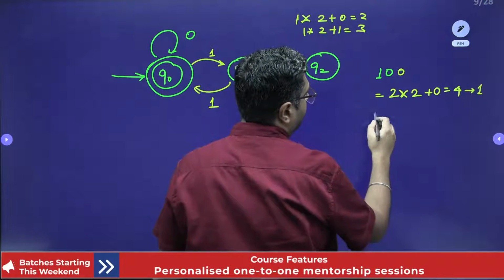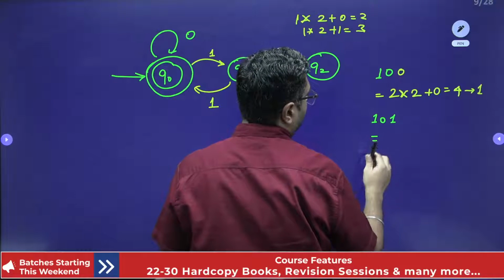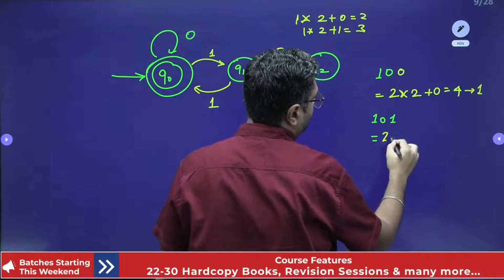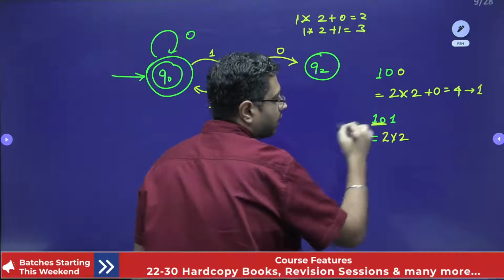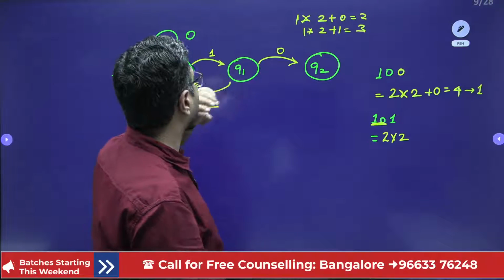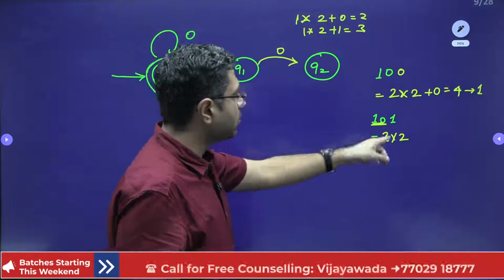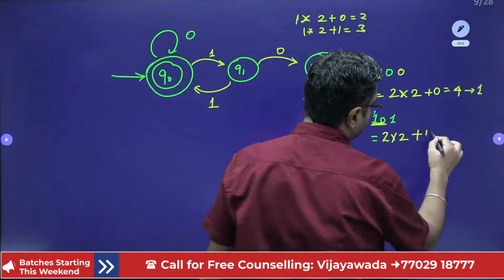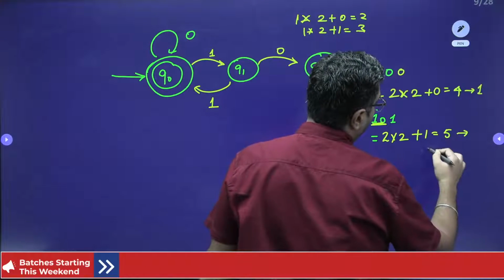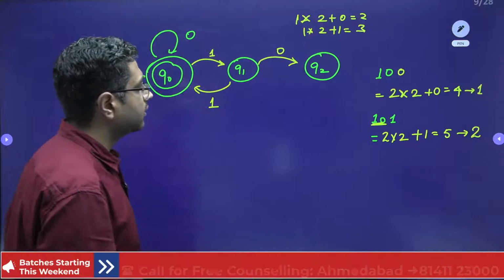Similarly, if after this 1 0 you get a 1, you will get 2 into 2, because 1 0 has already been interpreted as 2, so 2 into 2 is 4 plus 1 is nothing but 5. 5 when divided by 3 gives you a remainder of 2.